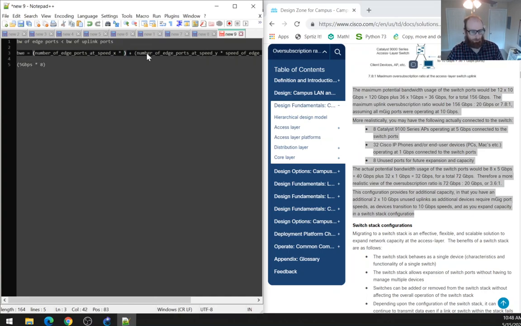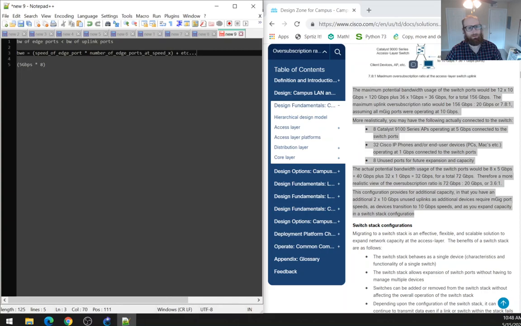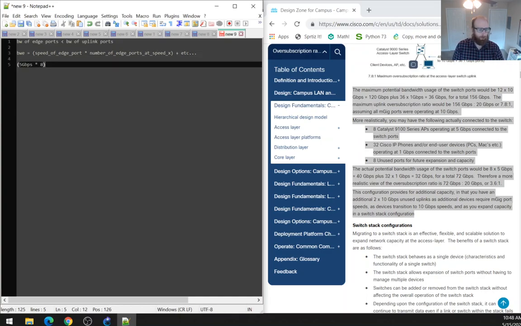So I guess I'll just change the order up here so that the documentation of the equation is more clear. Okay, but now we've got to add it for our phones. So for our phones, we've got 1 gigabit per second.